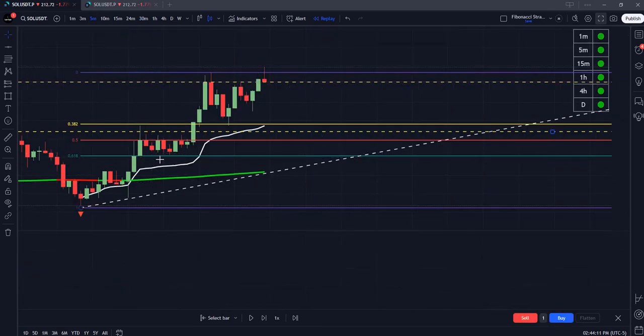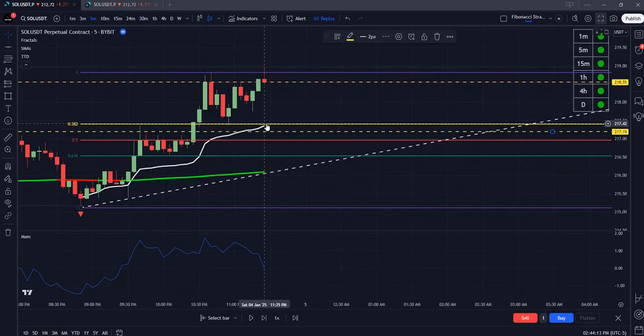If you're wondering what this white line is, that is an anchored VWAP, and you can basically do the same thing. You don't need to use it if you don't want to, and even the 200 EMA if you don't want to, because this really will work without it. These are actually two indicators from a different strategy.